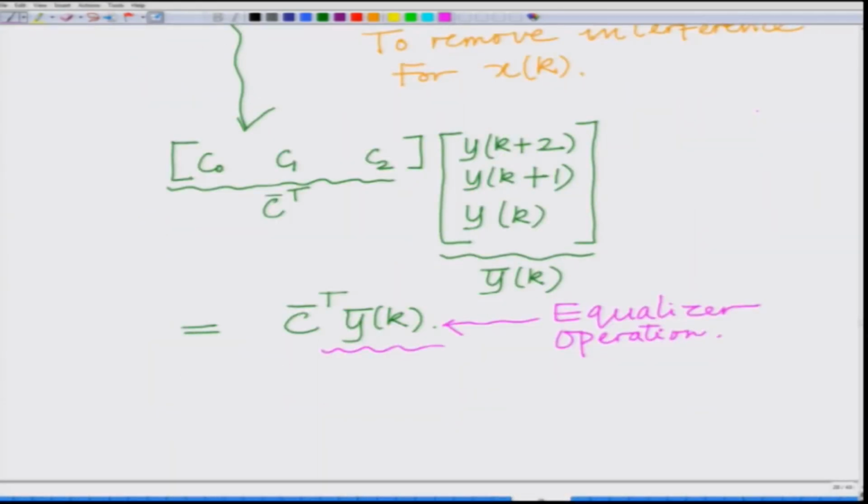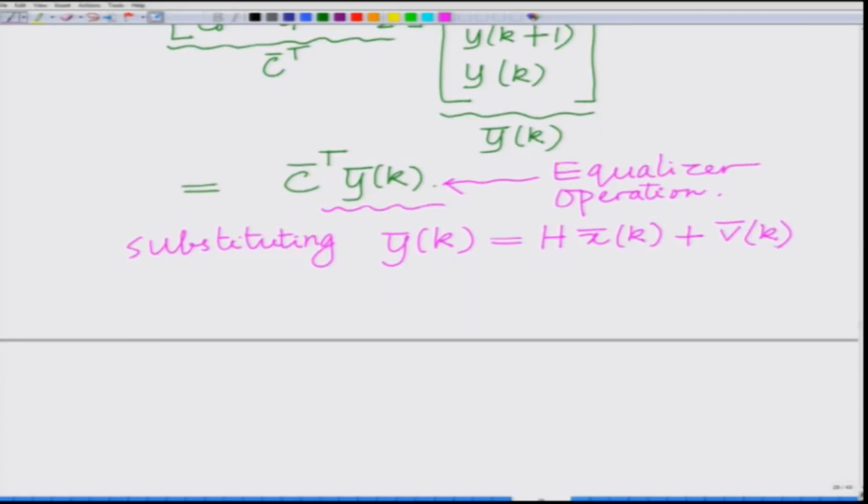So, substituting, C bar transpose y bar of k equals C bar transpose times H x bar of k plus v bar of k.